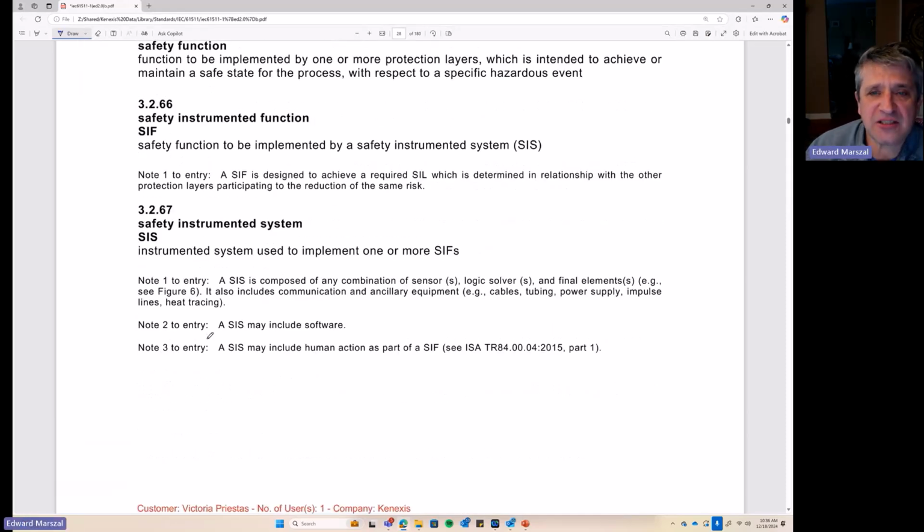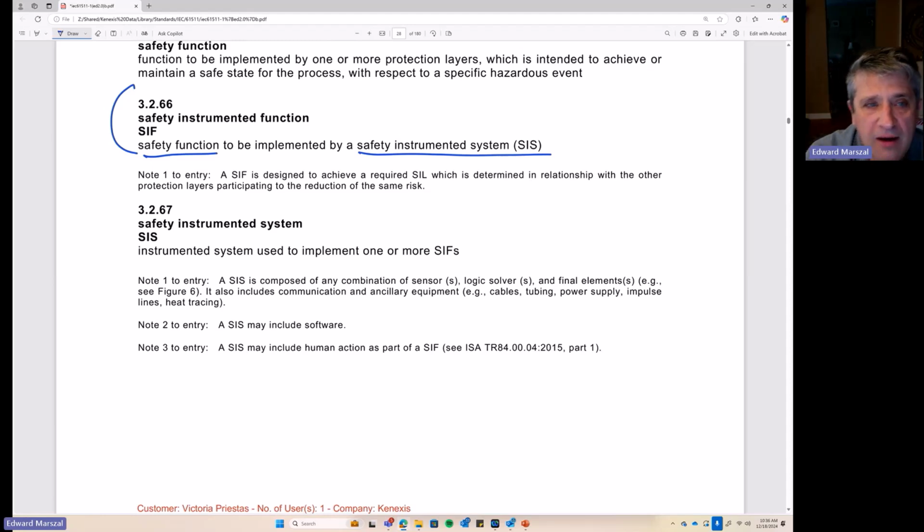Okay, so a safety instrumented function, let's start there. A safety instrumented function is what we're assigning a SIL target to, and we're doing the quantification of its performance. And a safety instrumented function, you gotta love these definitions, is a safety function to be implemented by a safety instrumented system. Clear as mud.